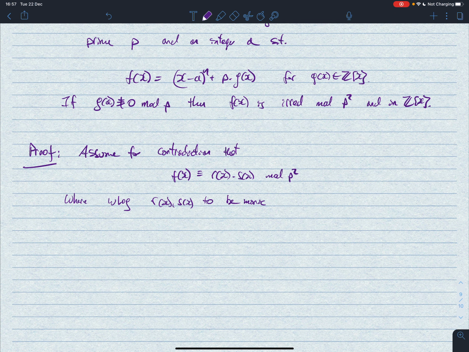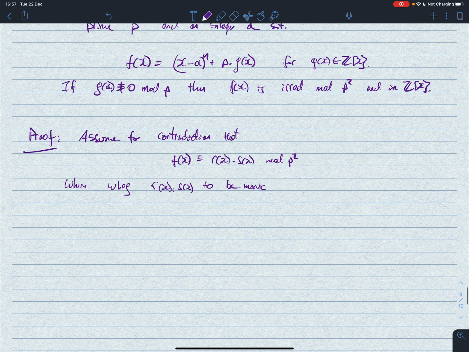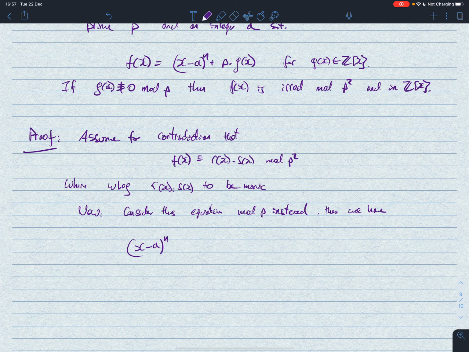So now consider this equation mod p instead. Then it turns into (x minus a) to the n is congruent to r of x, s of x, mod p.